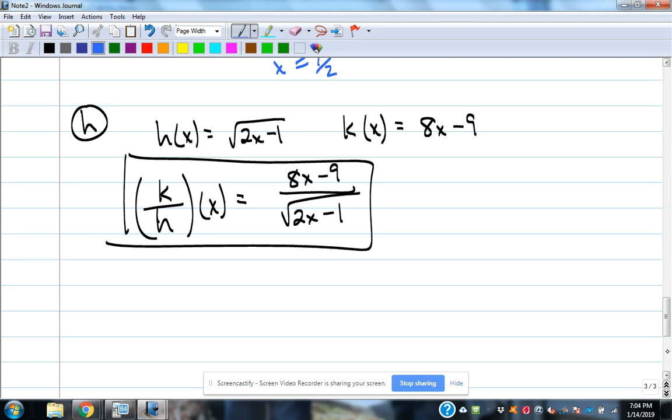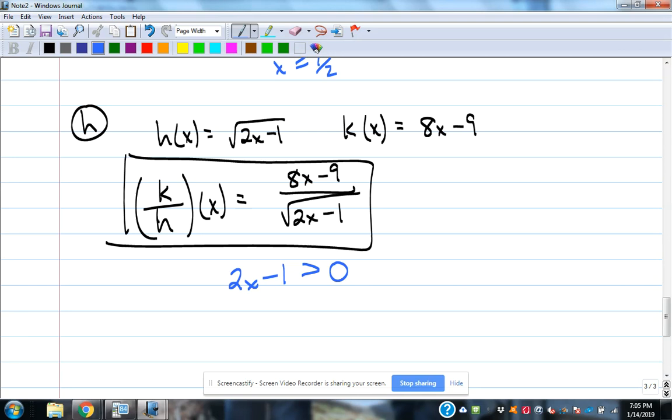So when we set that up to find the domain, we're going to say 2x minus 1, instead of saying greater than or equal to 0, we're just going to do greater than 0 because it's in the denominator. We drop the equal to because if it's in the denominator, the only number in the world we can't divide by is 0, right? So we drop the equal to when that square root's in the denominator.